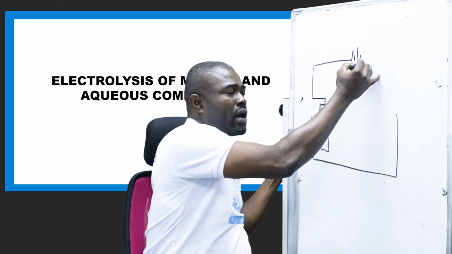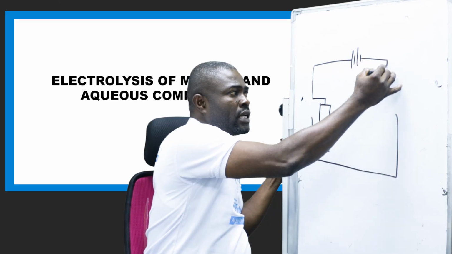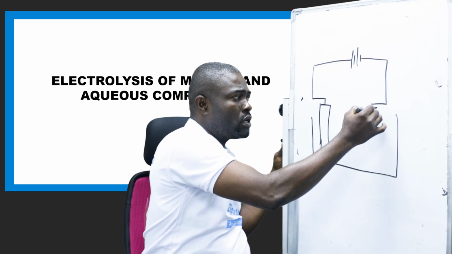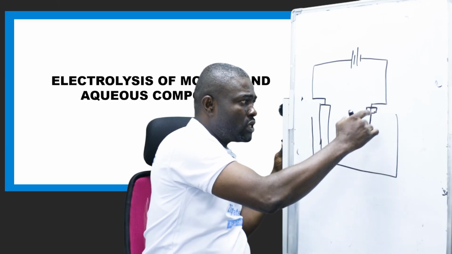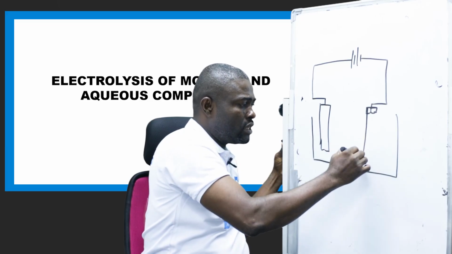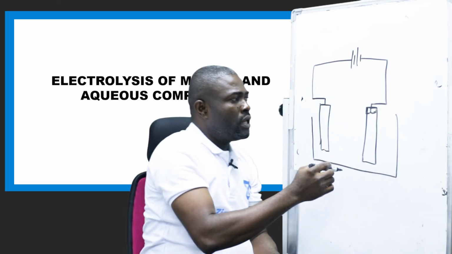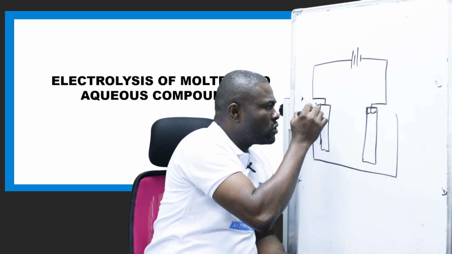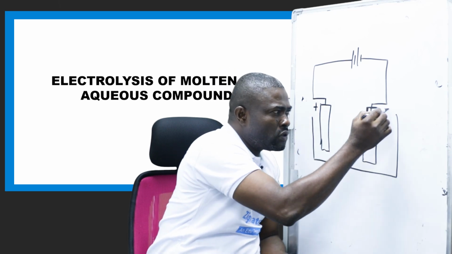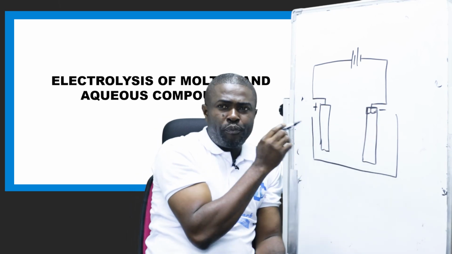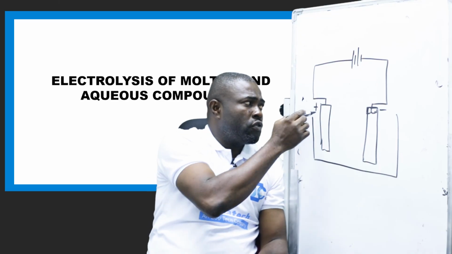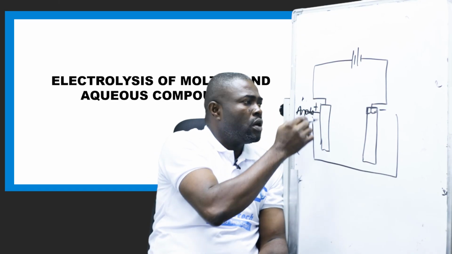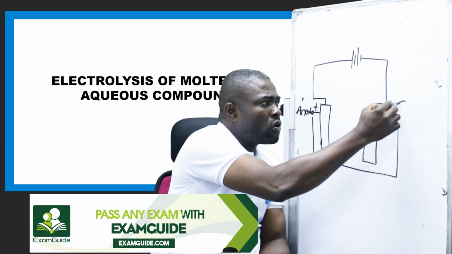Then another wire is connected through this side, connected to another rod, which is still dipped inside this. Now, this one is a positive rod, and this is the negative rod. The positive rod I call the anode, while the negative I call the cathode.